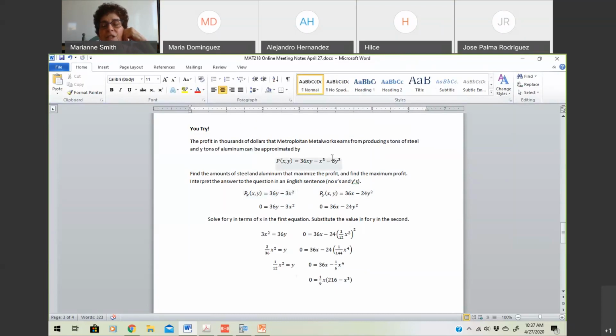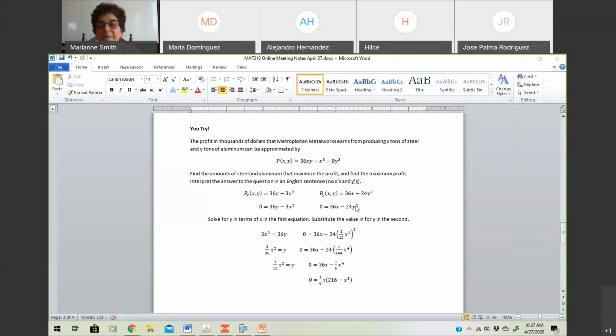Okay, if I differentiate this with respect to Y, I only get something out of the first and last term. The first term gives me a 36X, and the last term gives me negative 24Y squared. Everybody okay with the derivatives and setting them to 0? Okay, with the first derivatives.